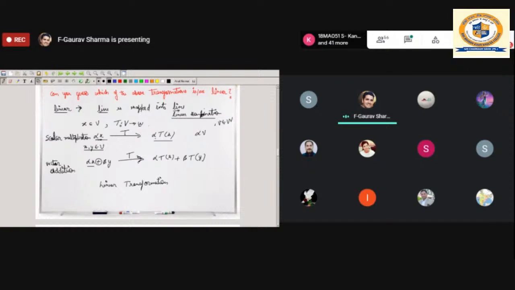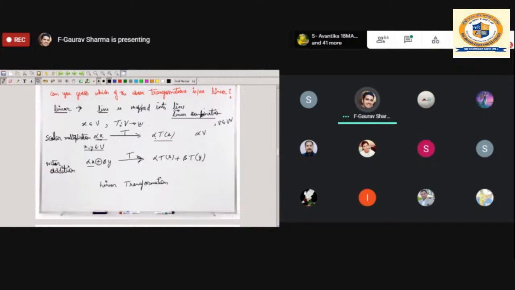If we observe these two transformations, in the first, T preserves scalar multiplication: here there is alpha times x, and here alpha times Tx, right?